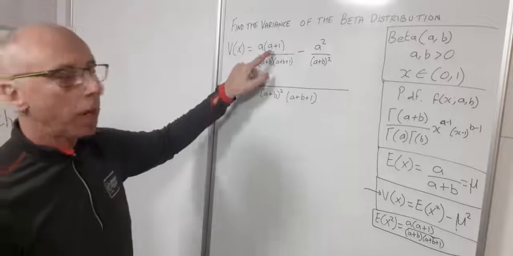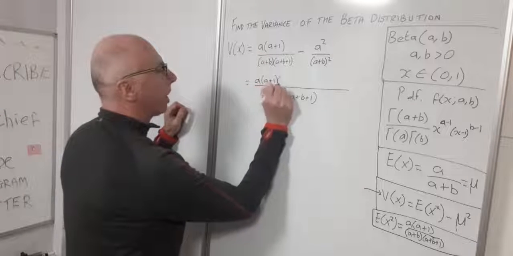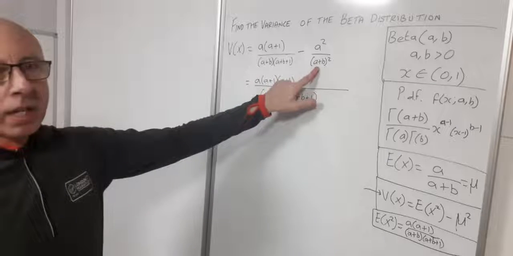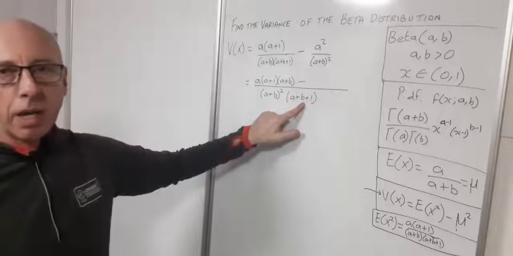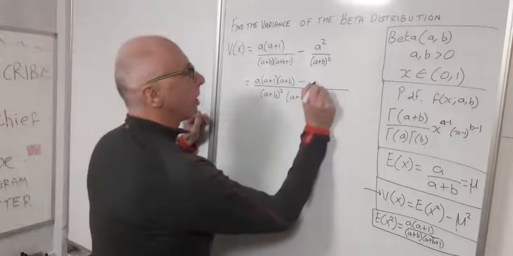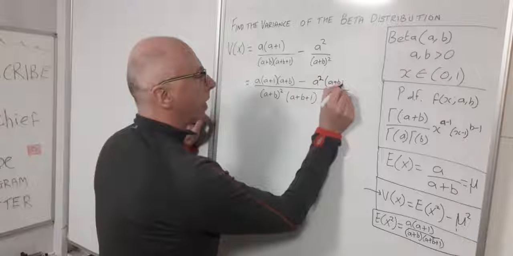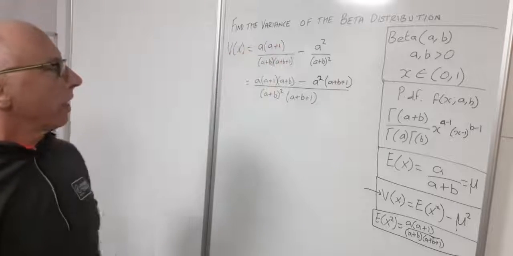And then multiply this by a plus b. So now I'm going a plus 1, a plus b. And then this one here, a plus b squared. I now need to multiply top and bottom of this by this quantity here. So now I've got a squared times a plus b plus 1. So that's still the same as what we got here.